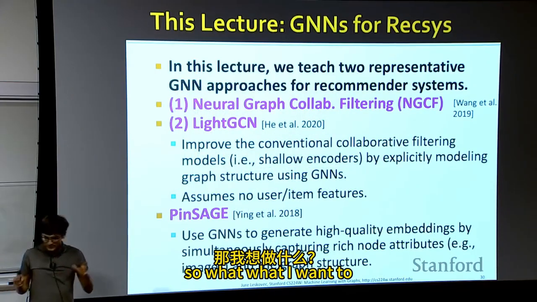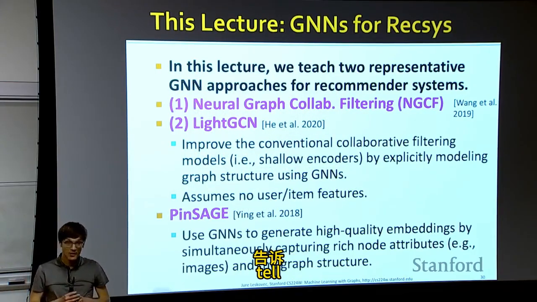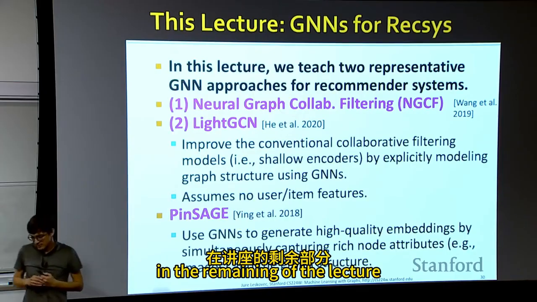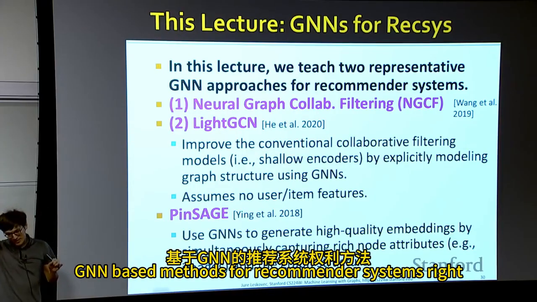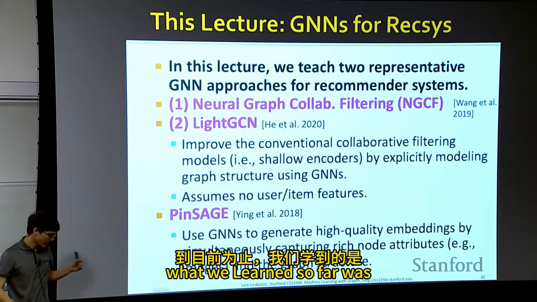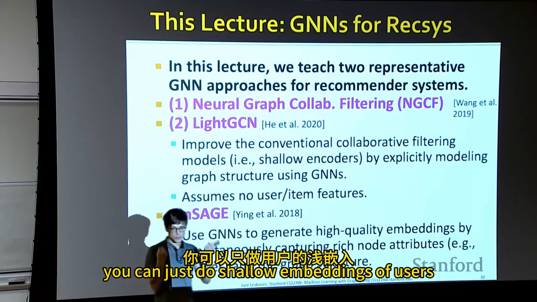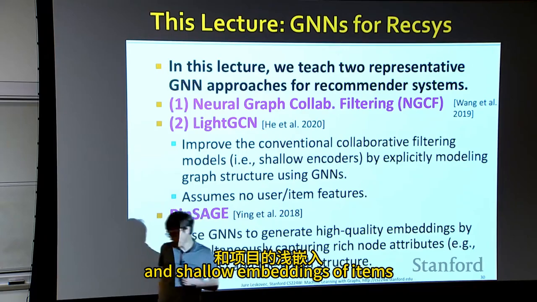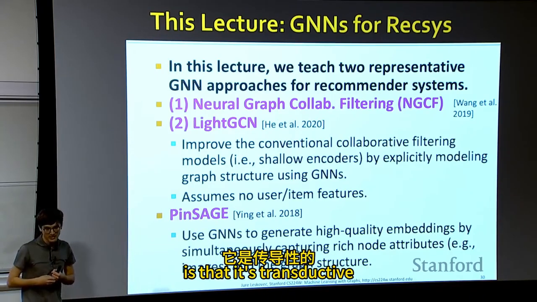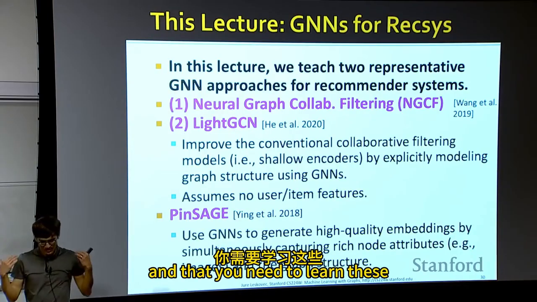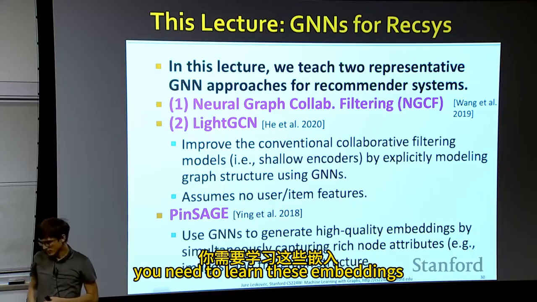So what I want to do in the remainder of the lecture is show you a few GNN-based methods for recommender systems, right? What we learned so far was you can just do shallow embeddings of users and shallow embeddings of items. The problem with that is, for example, that it's transductive, and that you need to learn these embeddings.